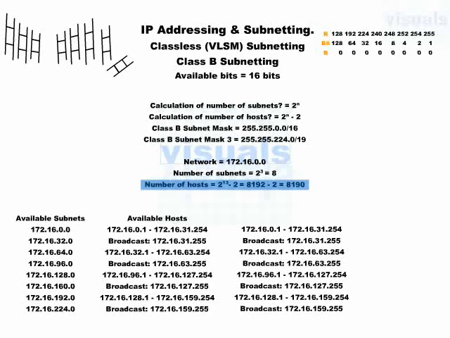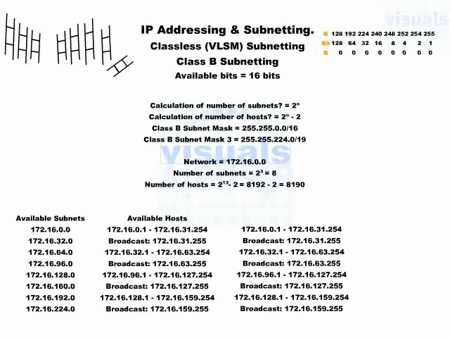Remaining bits are 13, so we are going to apply 13 bits for valid hosts and getting 2 raised to power 13 minus 2, 8192 minus 2 is equal to 8190. So we are getting 8190 hosts for 8 subnetworks each.